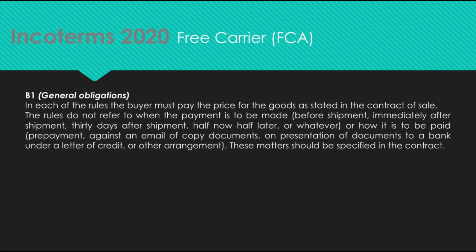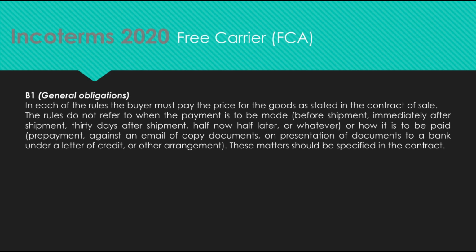B1 General Obligations. In each of the rules, the buyer must pay the price of the goods as stated in the contract of sale. The rules do not refer to when the payment is to be made: before shipment, immediately after shipment, 30 days after shipment, half now and half later, or whatever, or how it is to be paid, like a prepayment against an email copy of documents, on presentation of documents to a bank under a letter of credit, or other arrangement.